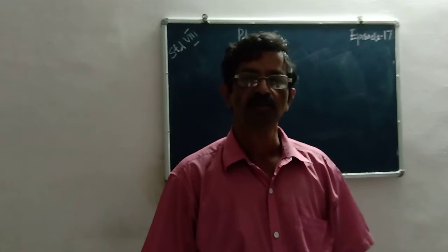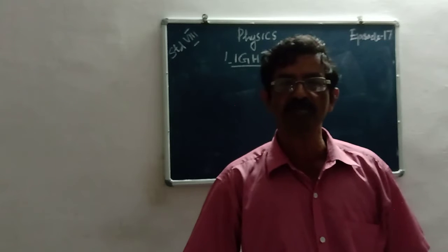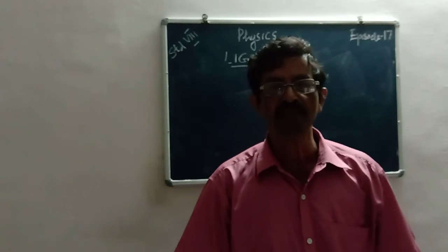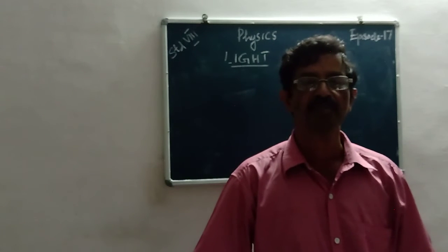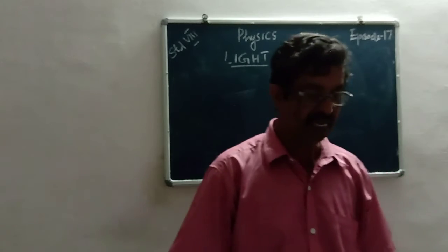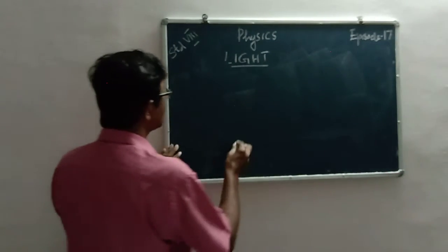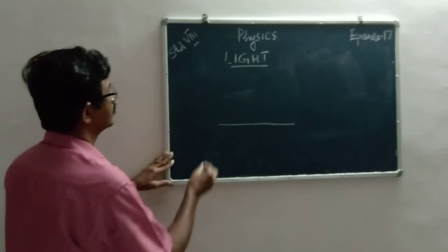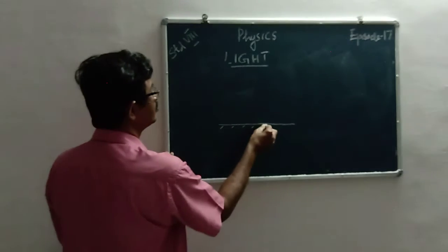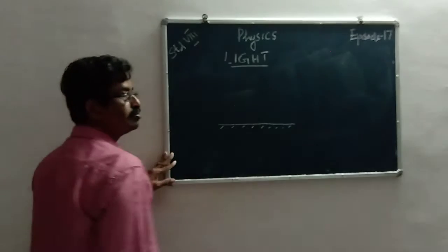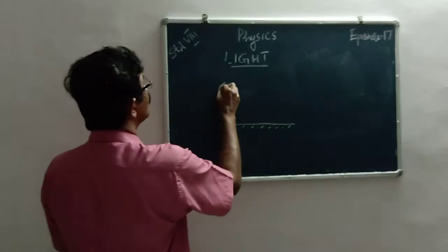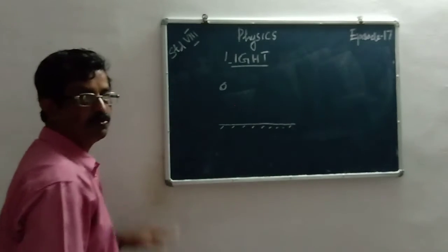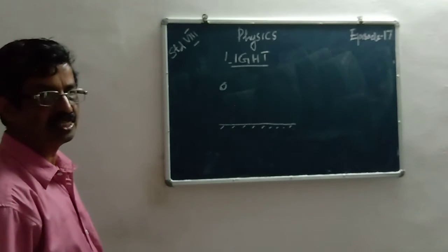So, now we are going to discuss more about the image formed by a plane mirror. See, this is a plane mirror. O is a point source of light, an object.